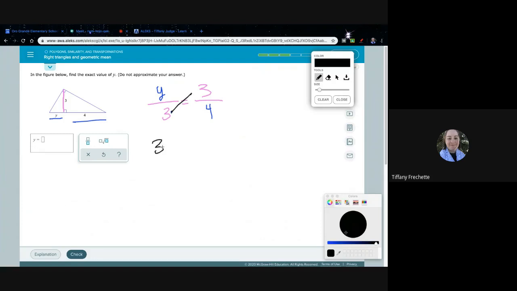I get 3 times 3, which is 9. No, I wrote 3, I was going to write 9 because I was just doing the math out loud. So 3 times 3 is 9 equals y times 4, which is 4y. I'm going to divide by 4 on both sides. The 4's cancel, so I just have 9 over 4 equals y.